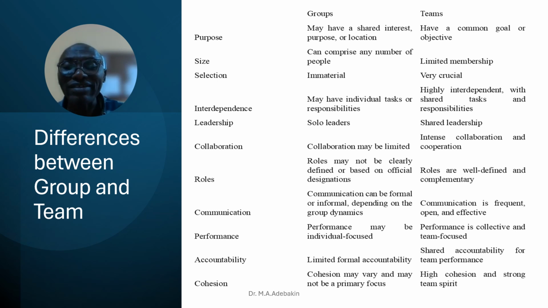In terms of size, groups can comprise any number of people, whereas there is limited membership in teams. In terms of selection, selection is usually immaterial in groups. Any type of people can come together and then exist in a group, whereas selection is very crucial in teams.